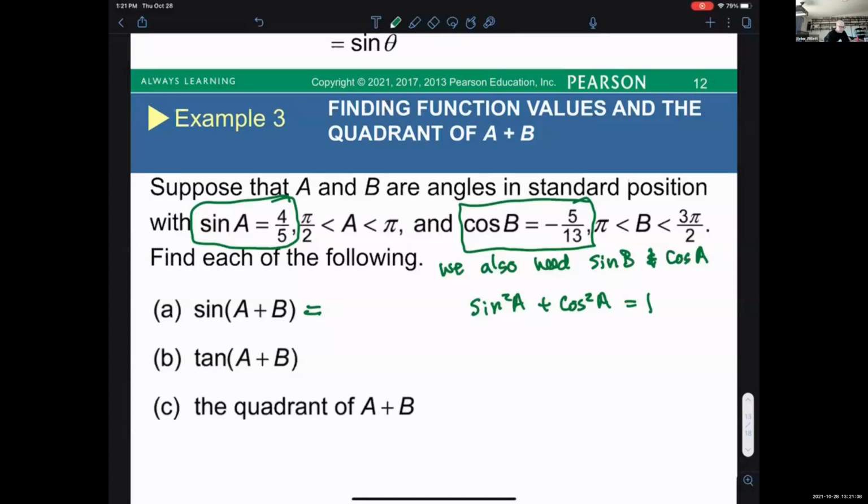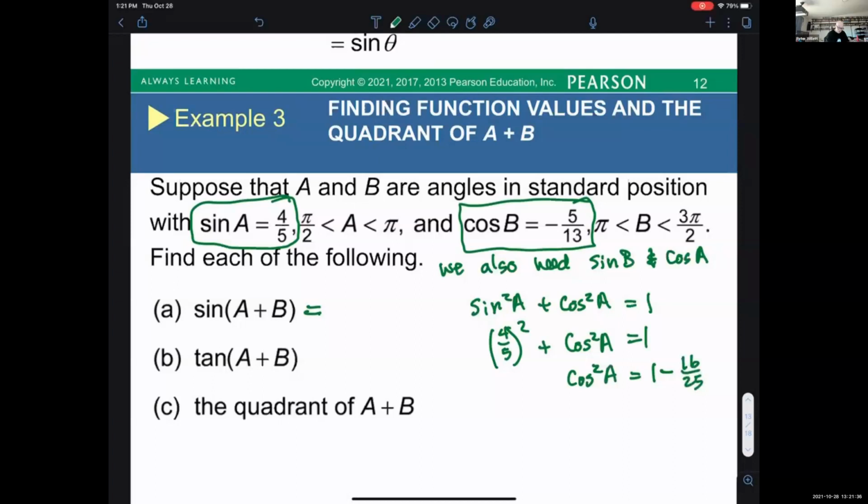So in this case, that would mean that sine squared A would be (4/5) squared. Cosine squared A is equal to 1 minus sine squared A, which means that cosine squared A is 1 minus (4/5) squared, which is 16/25.